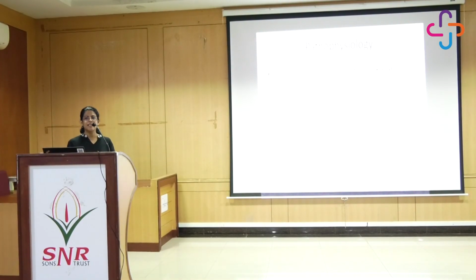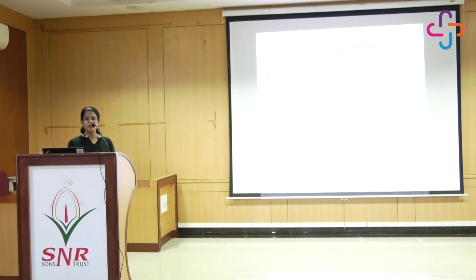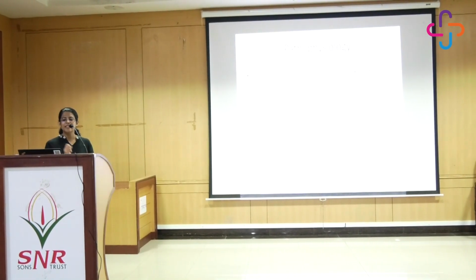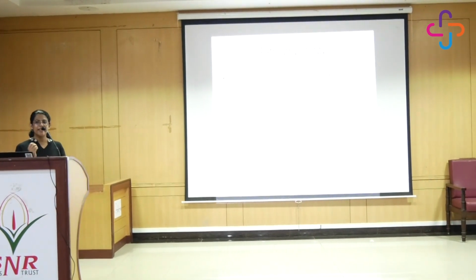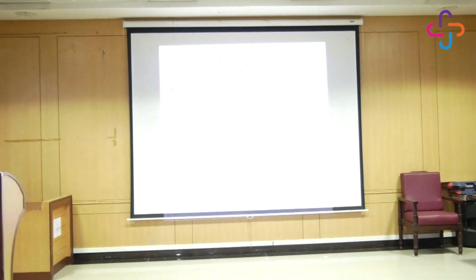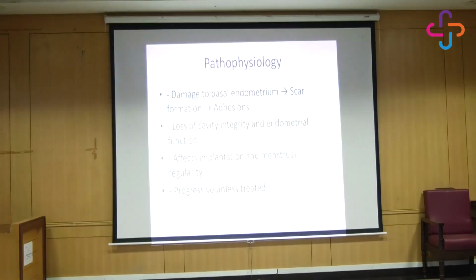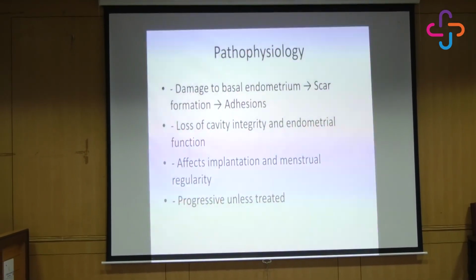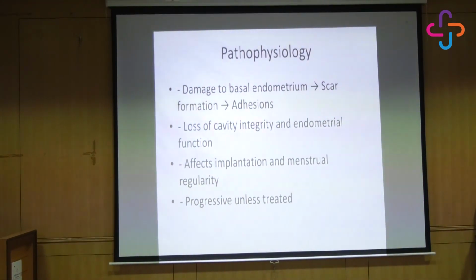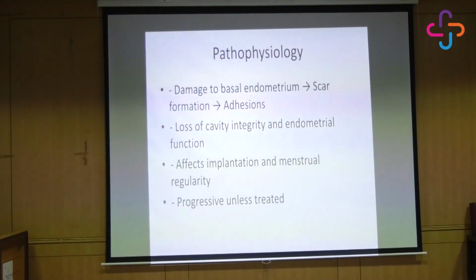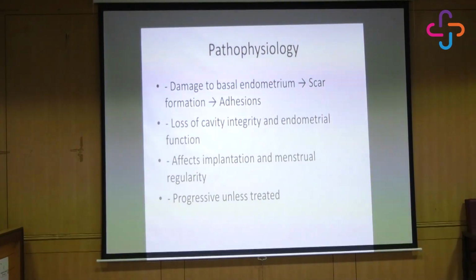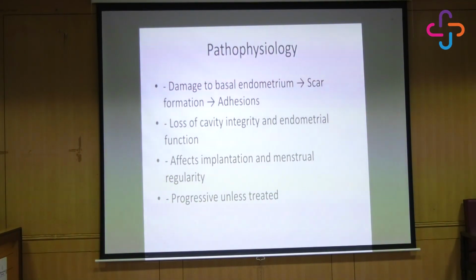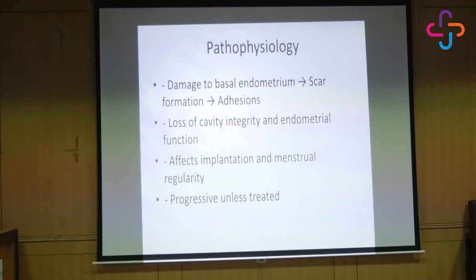When there is an injury, either by infection or a post-abortal condition, to the basal layer, and below the basal layer there's a layer called the niche, and if that gets affected, there is scar formation which leads to adhesion, and a loss of cavity integrity and endometrial function, which actually affects implantation and causes menstrual irregularity.